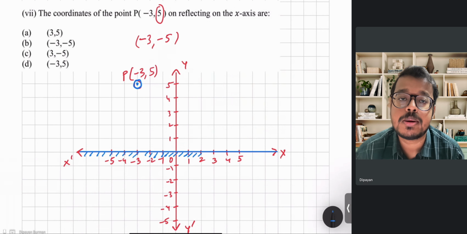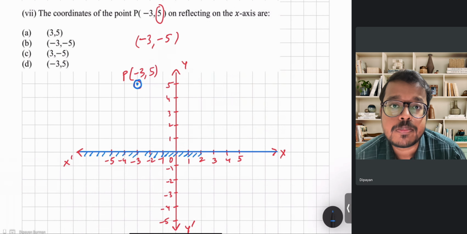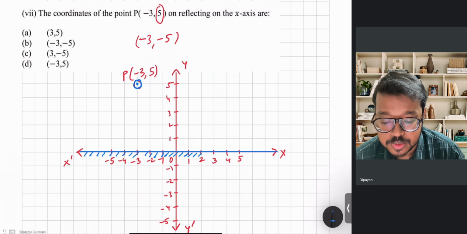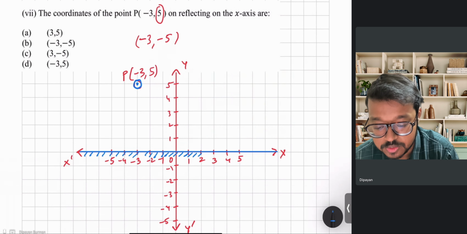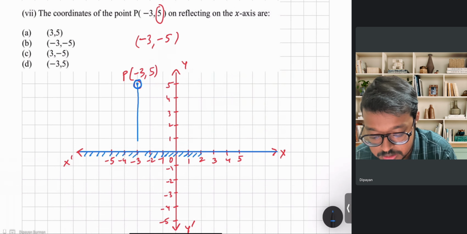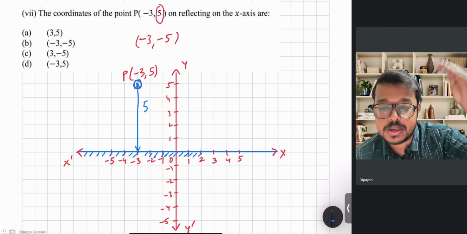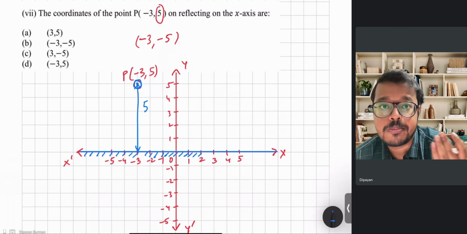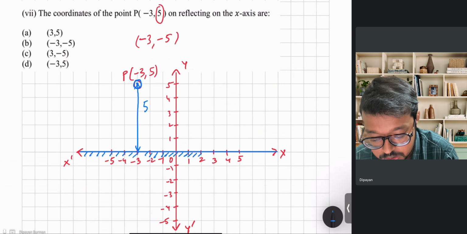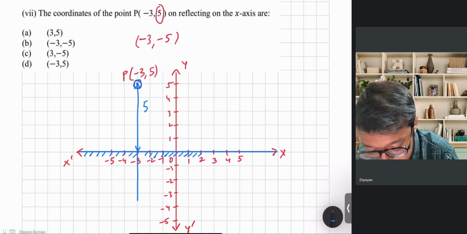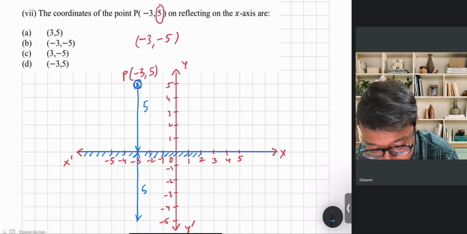So if you remember the laws of reflection, for a plane mirror, the object distance is always equal to the image distance. So suppose the object here is 5 units on top of the mirror. So the image will be formed behind the mirror and 5 units behind the mirror. So if I go 5 units behind the mirror, I will reach this point.